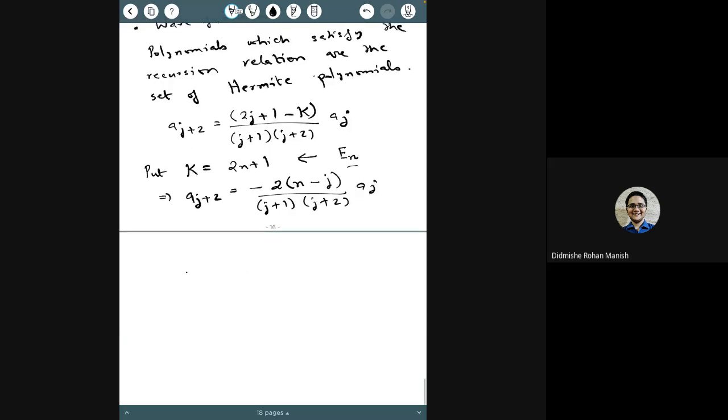Given a certain value of n, my allowed values of j will go up to that n.